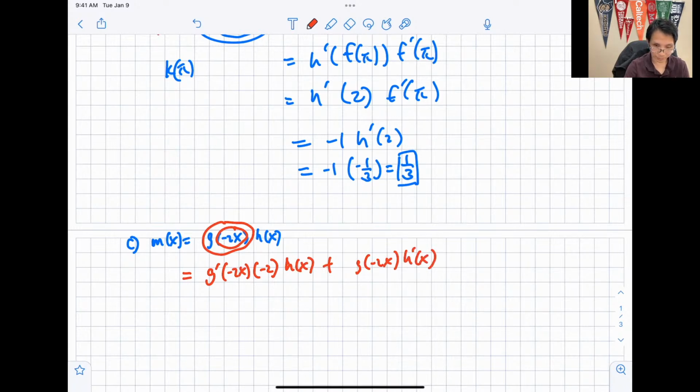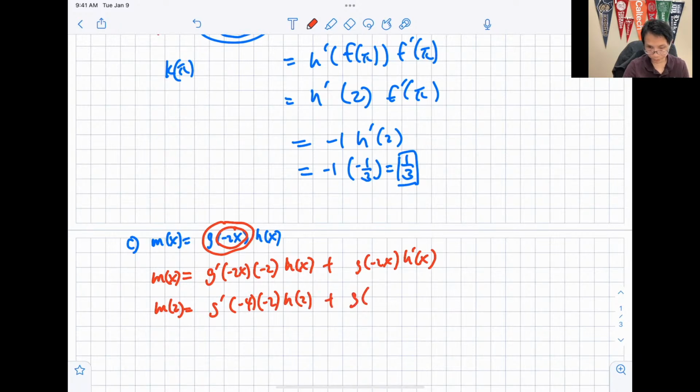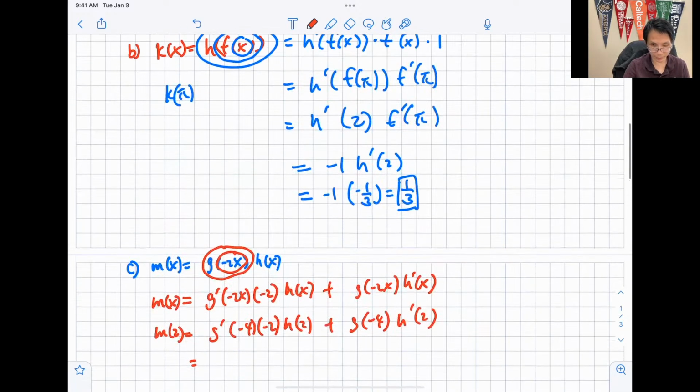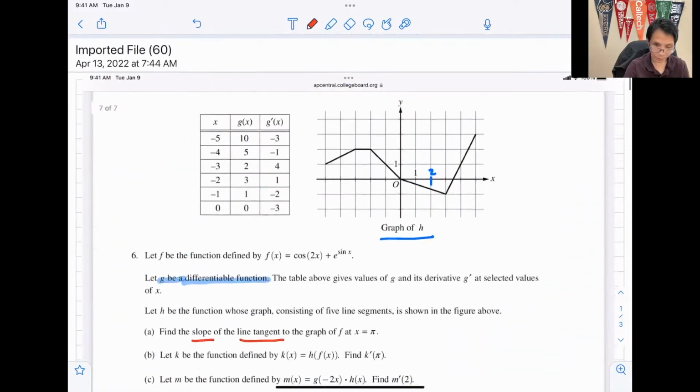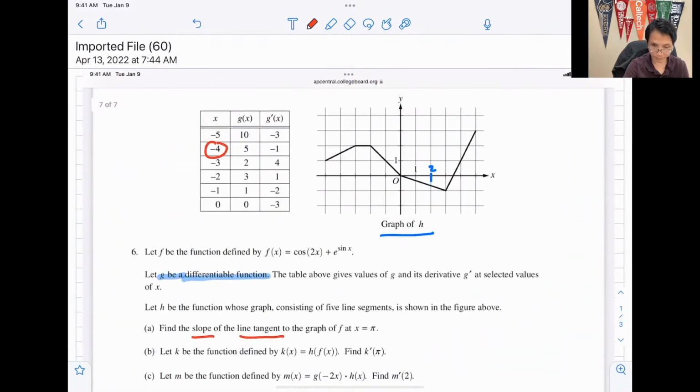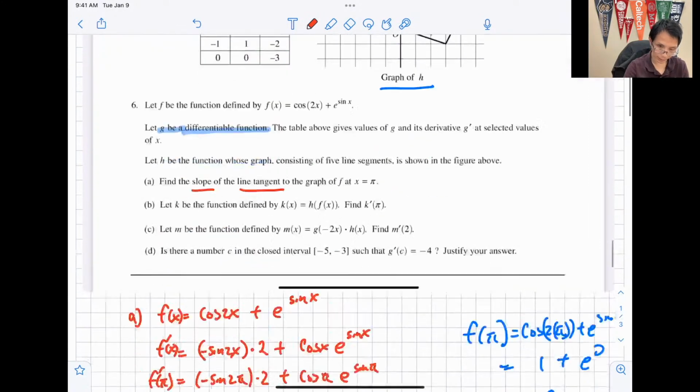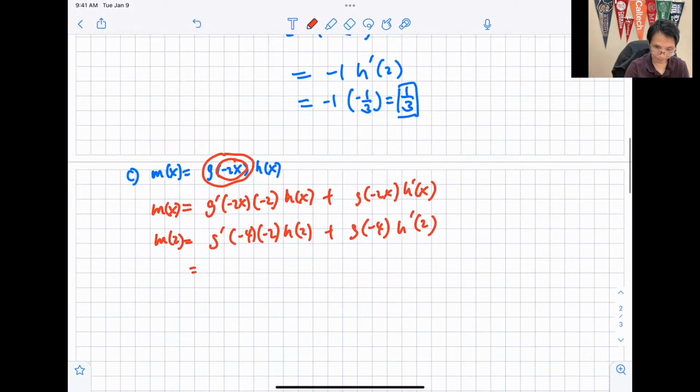Now I'm going to plug in 2. So if I plug in 2, it's going to be g prime of negative 4 times negative 2 times h of 2 plus g of negative 4 times h prime of 2. What is g prime of negative 4? G prime of negative 4 is right here. I think it's negative 1. Negative 1 times negative 2.